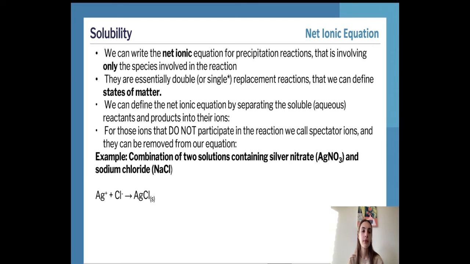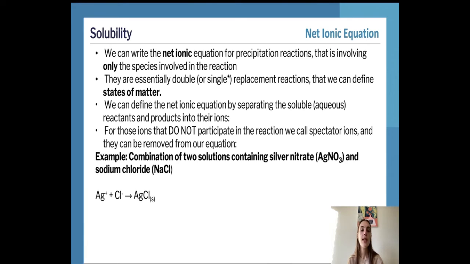We can define the net ionic equation by separating the soluble, so aqueous, reactants and products into their ions. And for those ions which don't participate in the reaction, we call those spectator ions, and they get removed from the reaction.